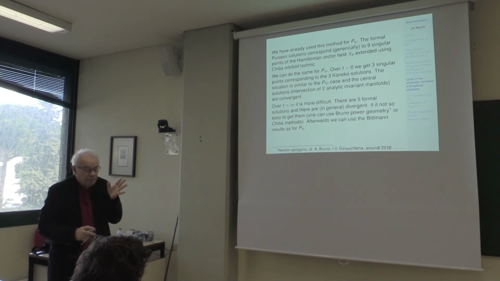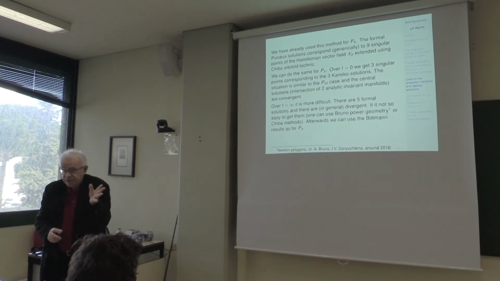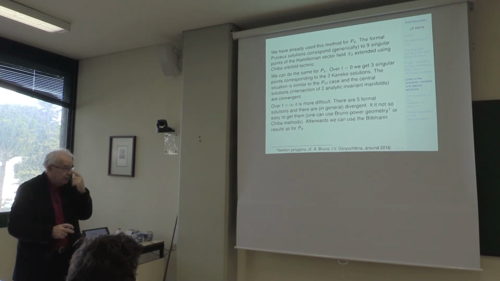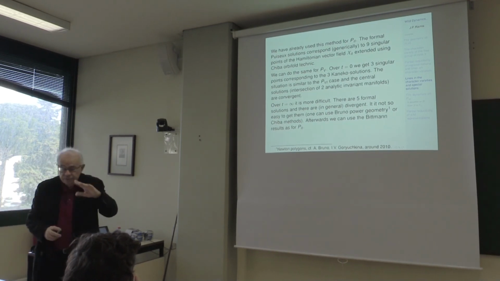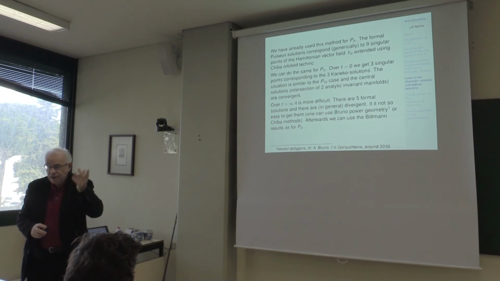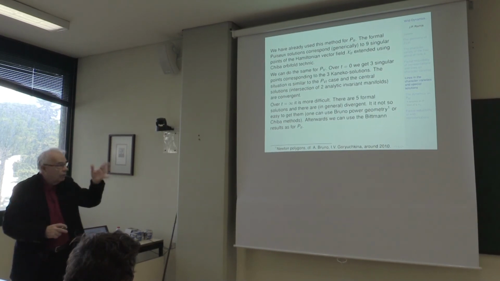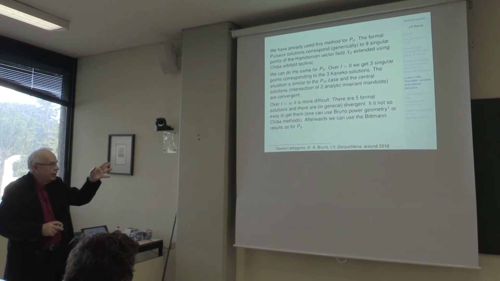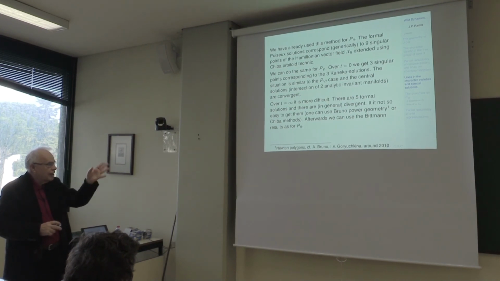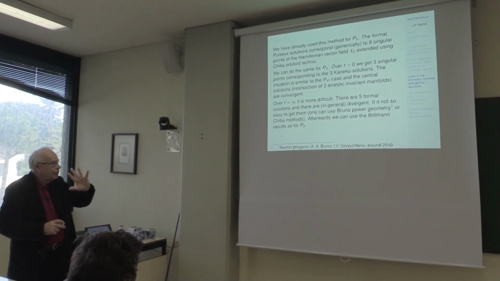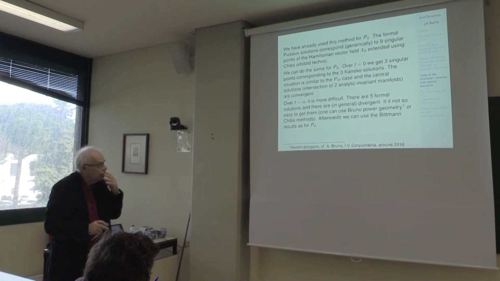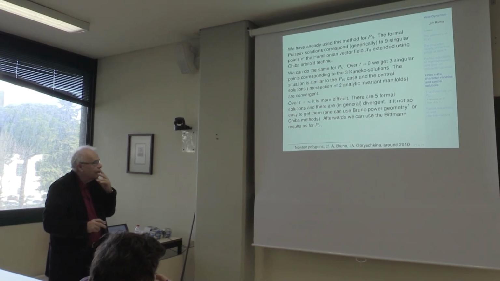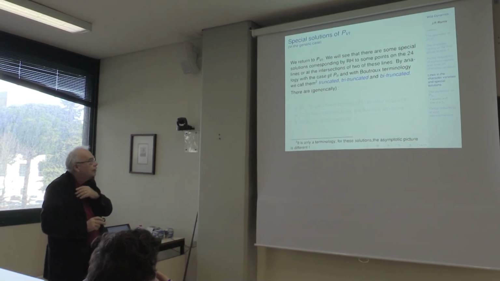At infinity it is more difficult, and this is not completely finished. We are looking at that with Emmanuel and Martin Klimes. At infinity, using this picture of Shiba, you find 5 formal solutions, or Bruno's power geometry. A student of Bruno did that for P5. You have 5 formal solutions, but they are divergent. It is also studied in some Russian papers.